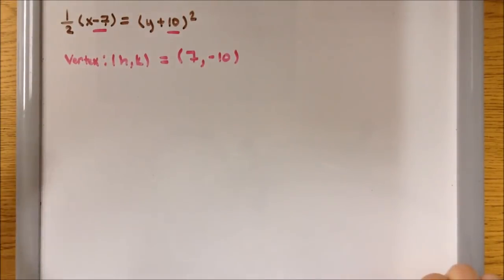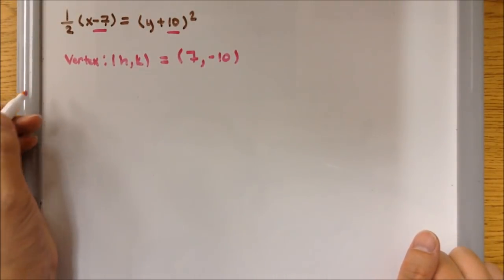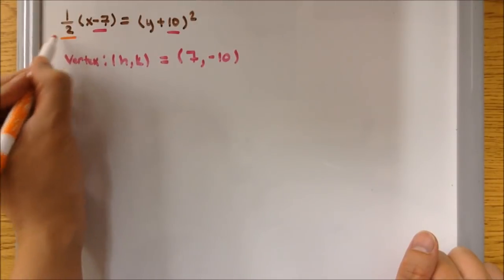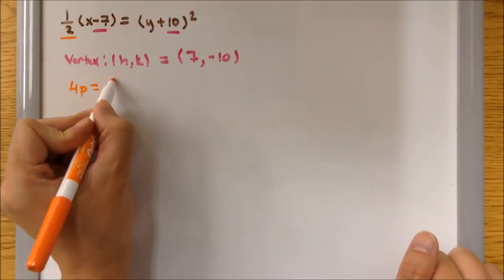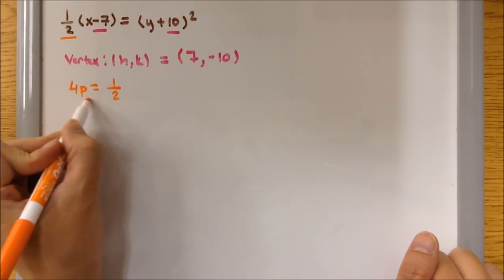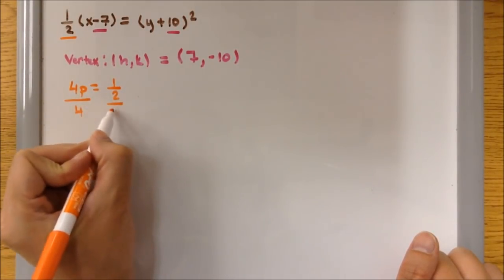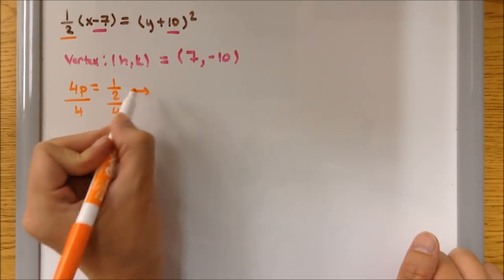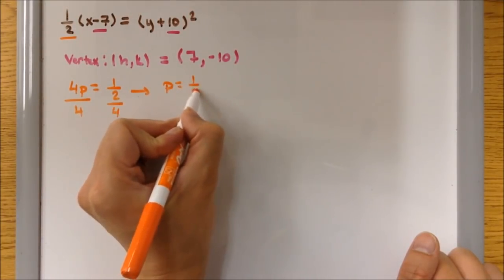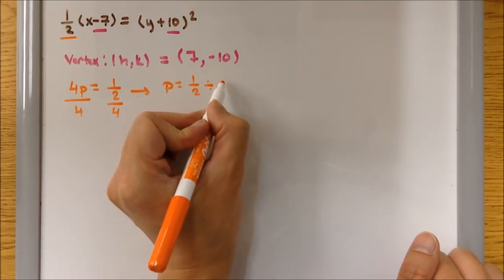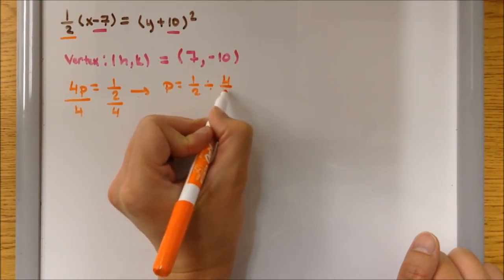Alright, next is the focus, but before we can find the focus, we have to find the p-value. So it's going to be 4p equal to 1/2. When we divide by 4, p will equal 1/2 divided by 4, which I changed to a fraction.